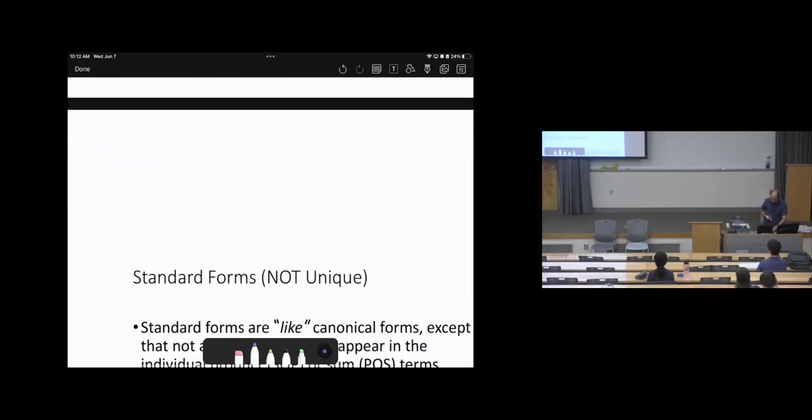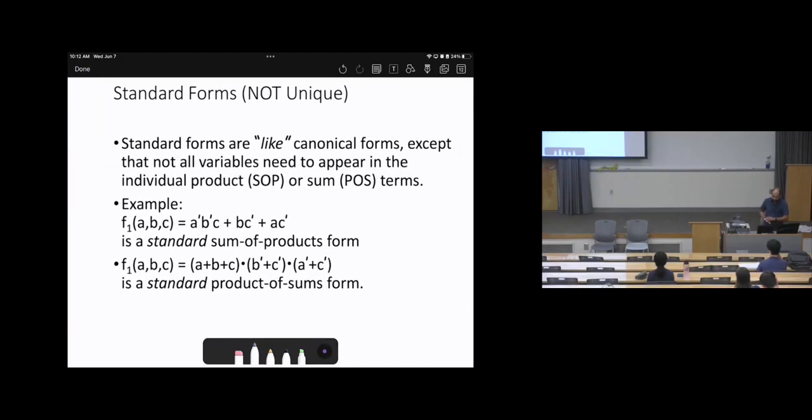Now let's look at something called standard form, and something called canonical form. The standard form is the form that's written in a short way. In the standard form, not all variables will appear.